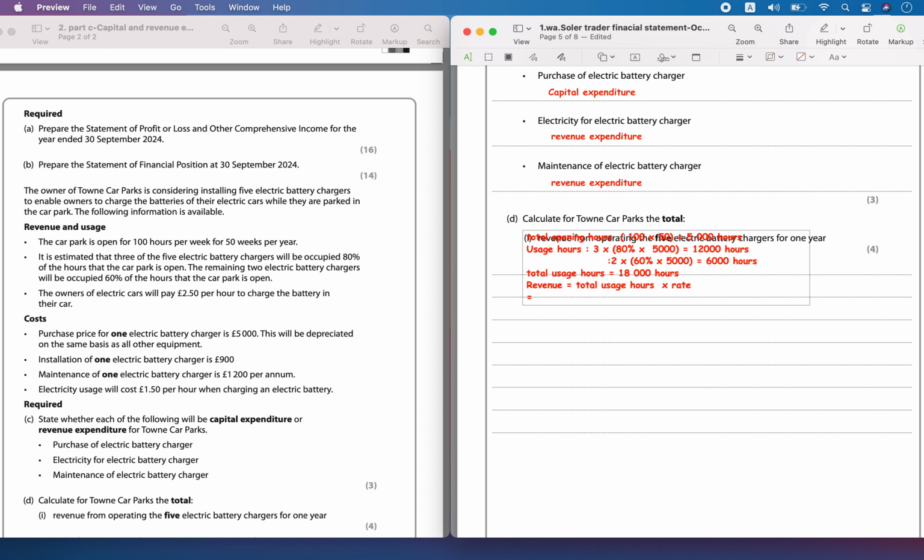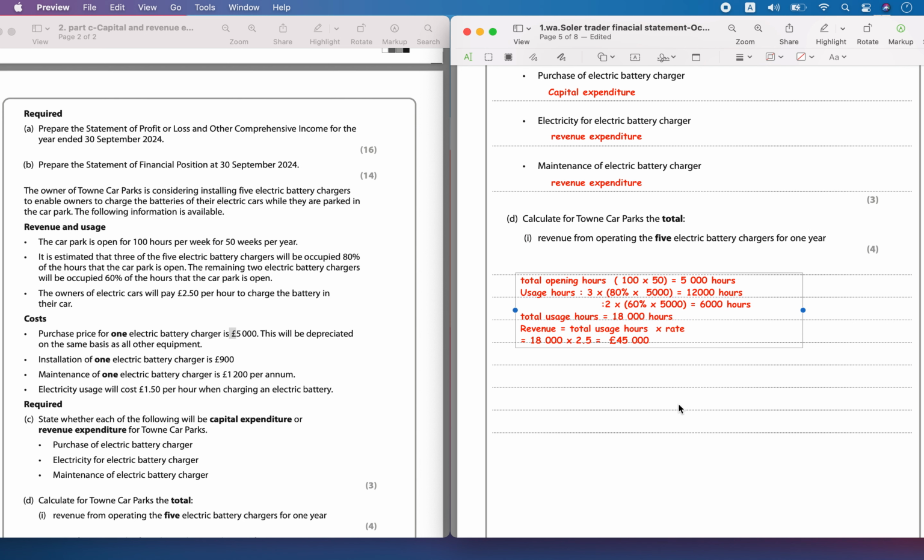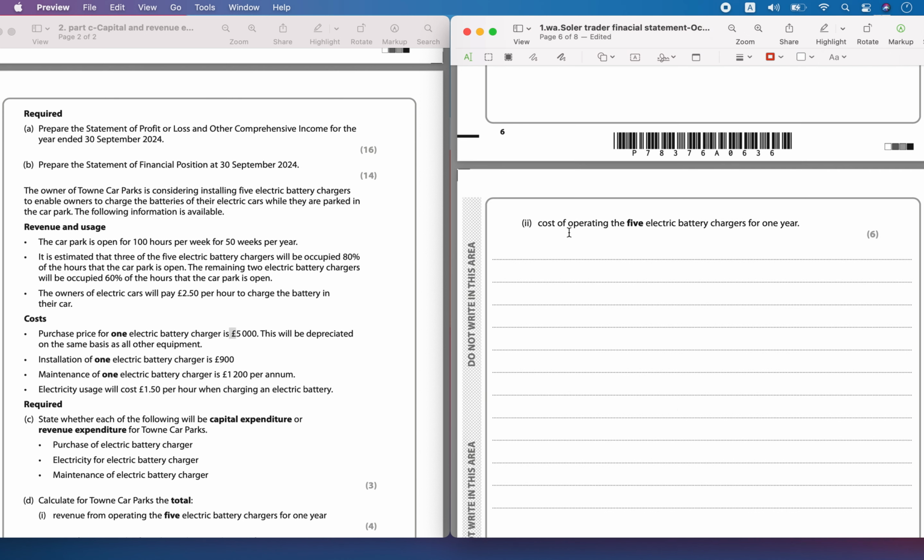So that is 18,000 times 2.5, which is equal to 45,000. This is the total revenue he is going to earn.